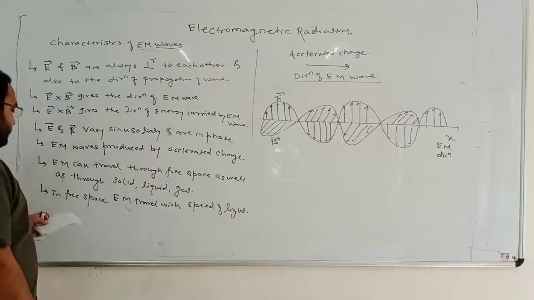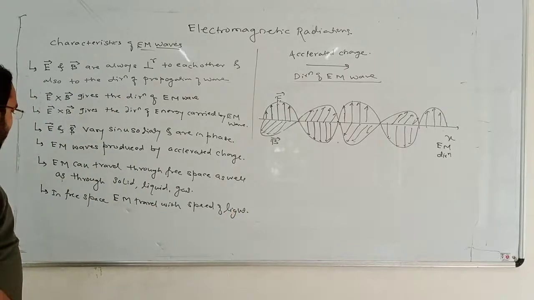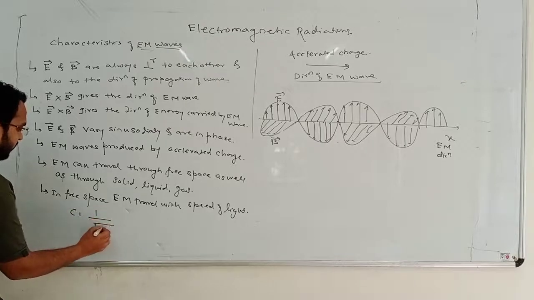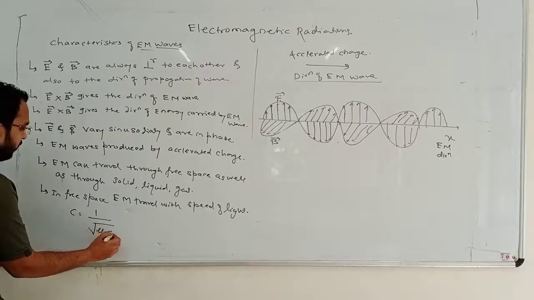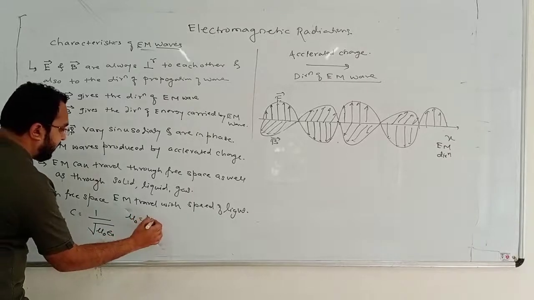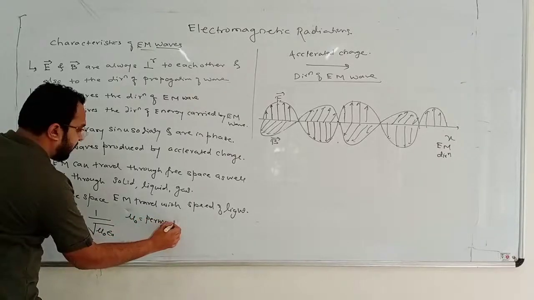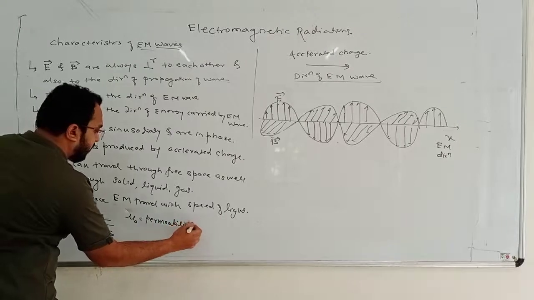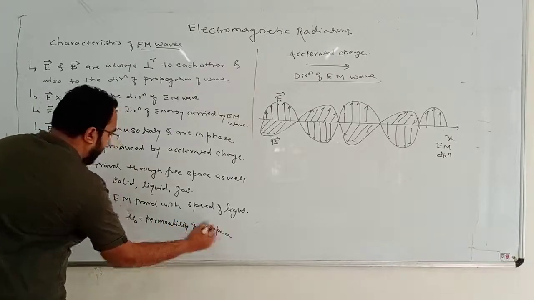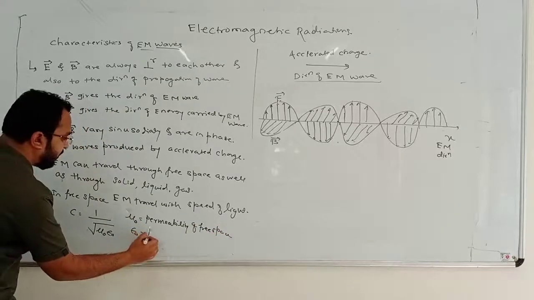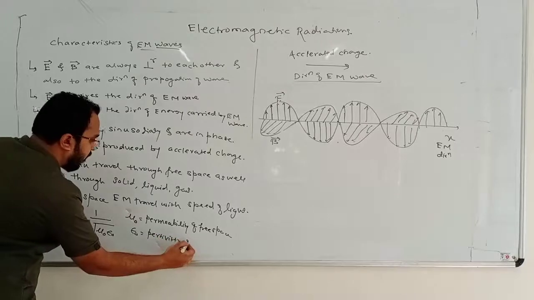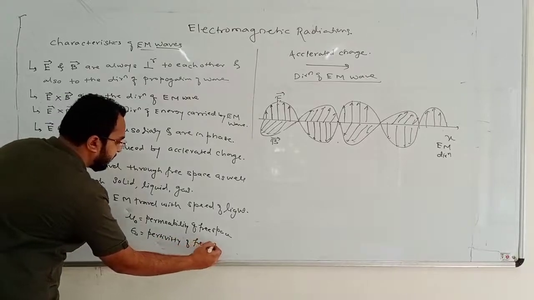So in free space they will travel with the speed of light, and the formula is c equals 1 upon root of mu naught epsilon naught, where mu naught is the permeability of free space and epsilon naught is the permittivity of free space.